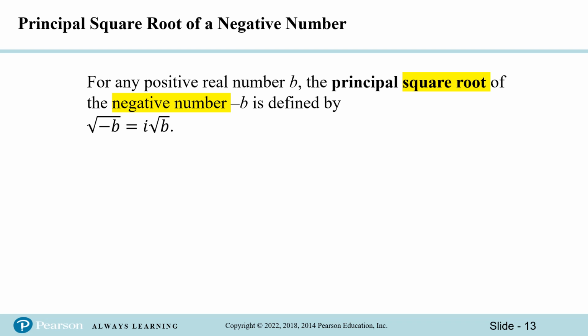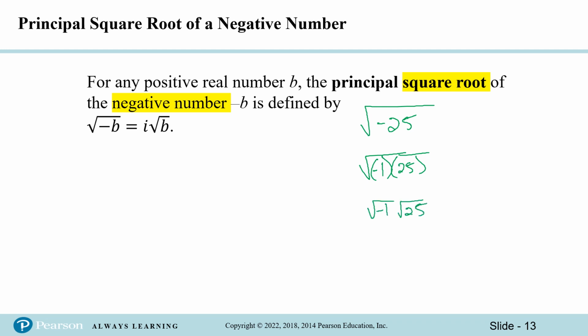Simplifying square roots of negative numbers. Let's suppose we have the square root of -25. You can rewrite that as the square root of -1 times 25. One of the things we can do with square roots, if it's multiplication, we can separate them.